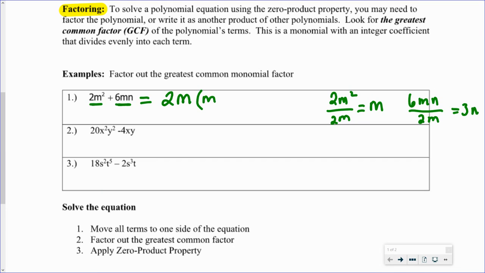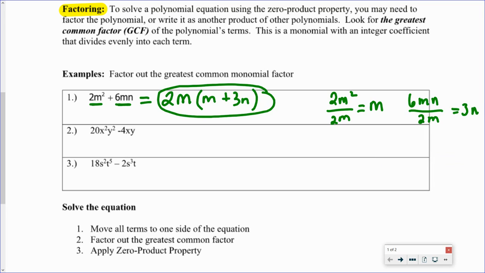And we have an n left on the top, so it's going to be plus 3n. So now if we were to multiply this out using the distributive property, 2m times m is 2m squared. 2m times 3n is 6mn. So we have successfully factored out the greatest common monomial factor.